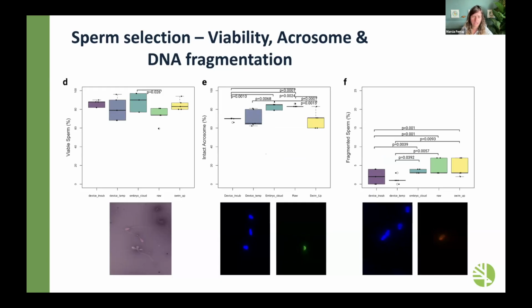It's something we're still figuring out, but we think this gradient of temperature for this 1 hour that we do is capacitating the sperm. But what we were really interested and happy to see is that the number of fragmented sperm was reduced, of course not to zero, but much reduced compared to all the other methods, showing that we are selecting good sperm with that device.